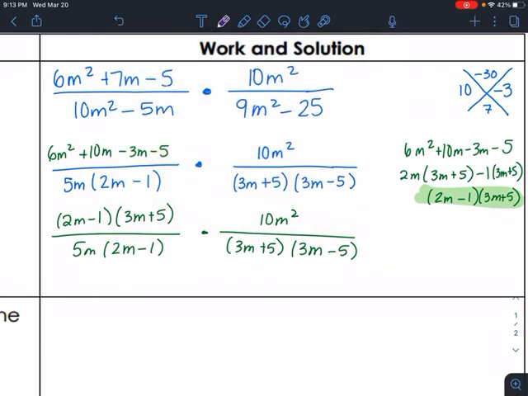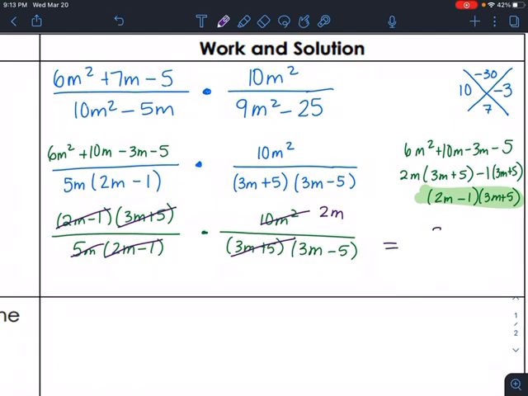And feel free to pause this video, write your notes, do anything you need to do, but you would be able to go ahead and cancel these two. And then multiplying across, you would be able to cancel these two. 5m divided by 10m squared just becomes 2m.